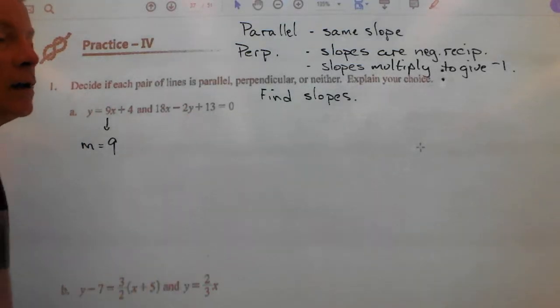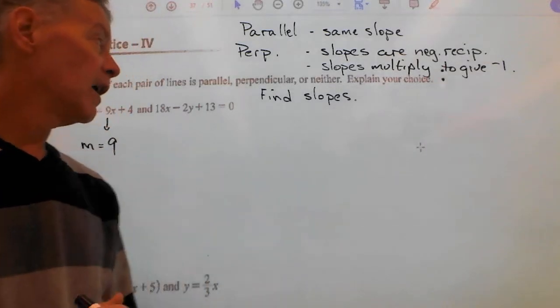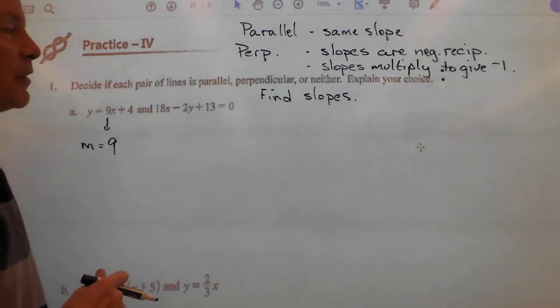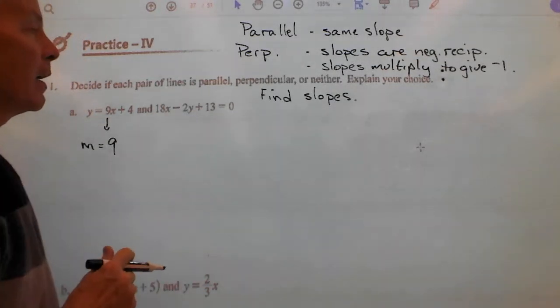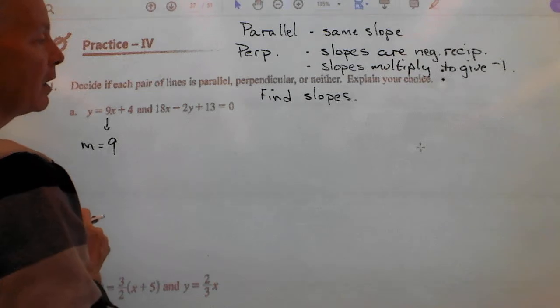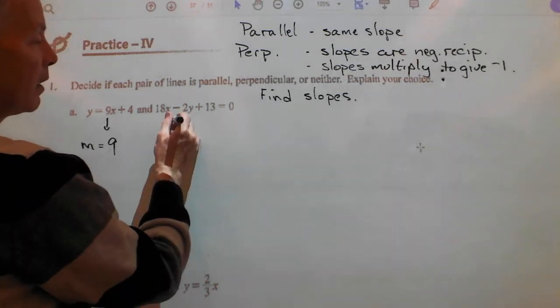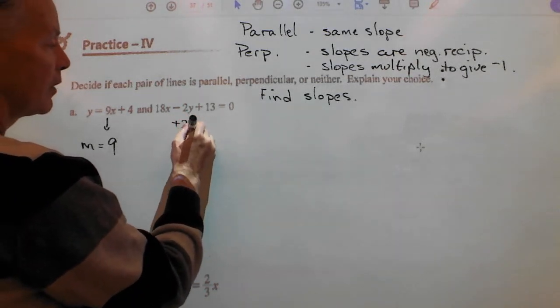With this one, they're not being quite as nice. They've given us this line in general form, so we're going to have to rearrange. Okay, we're going to have to isolate y. And because I'm lazy, I'm going to isolate y by adding 2y to both sides.